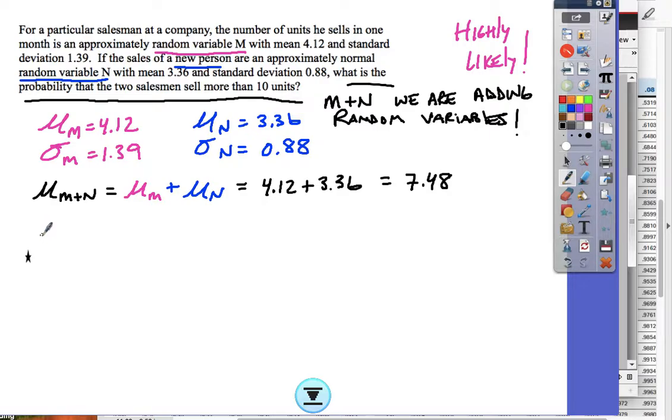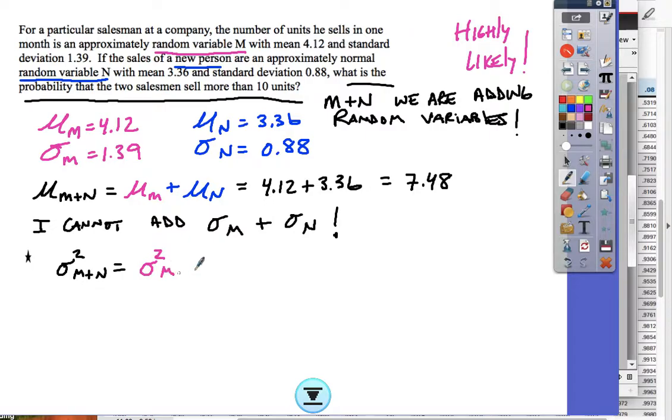Now, to get the standard deviation, I cannot add the standard deviations. So I cannot add these two together. But I can do the variances. So I'm going to do the variance of m plus n. So that'll be taking the variance of m plus the variance of n.